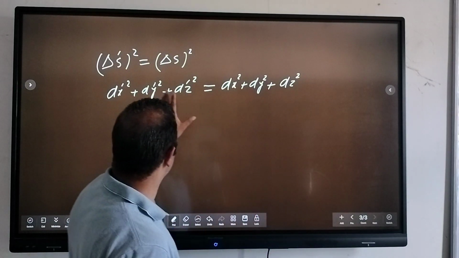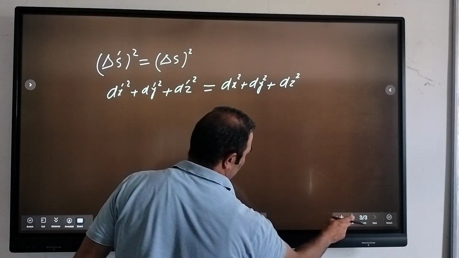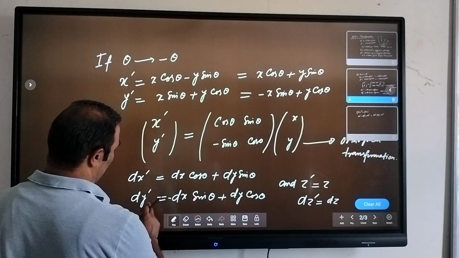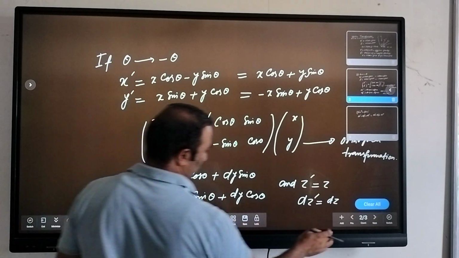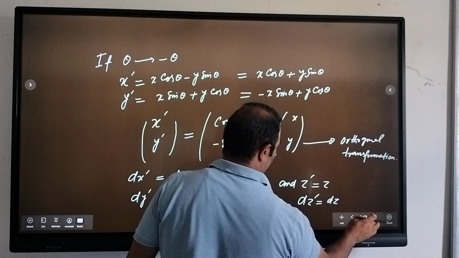So let's calculate this. From our previous slide we have dx prime equal to this one and dy prime equal to this one. So I can write dx prime will be equal to dx cos theta.